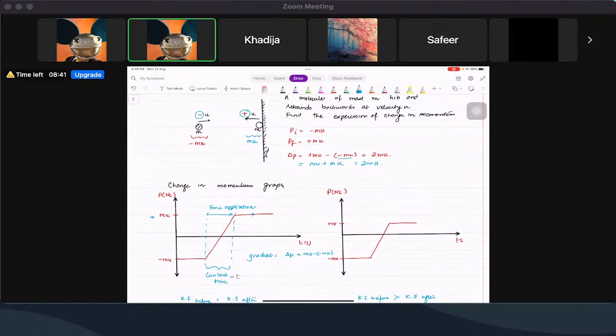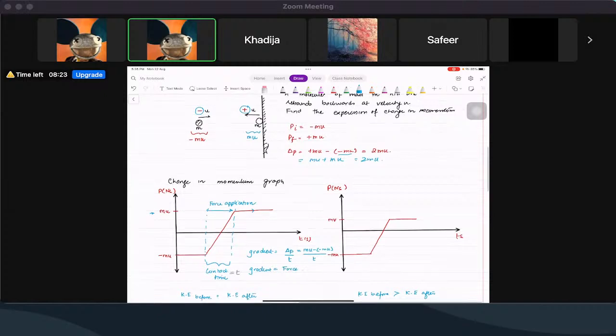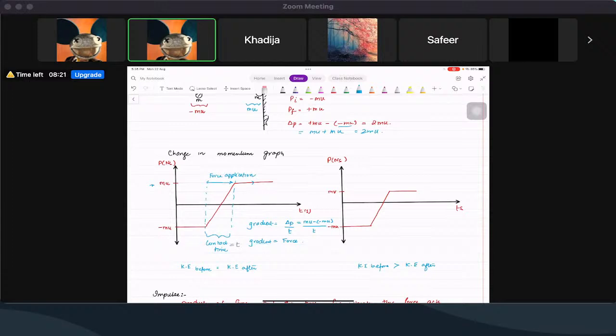And because on the x-axis, rise over run, the change in time is t. So basically you see that the gradient of this graph that we have just done represents the resultant force. Any questions? Do you guys understand now?